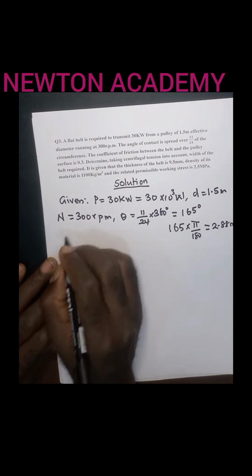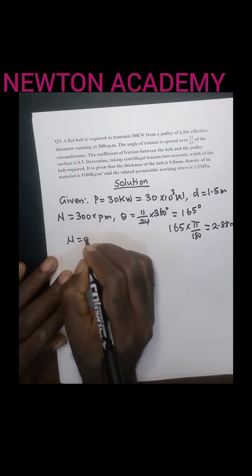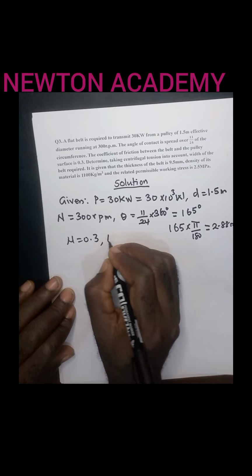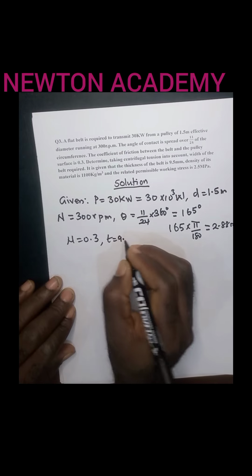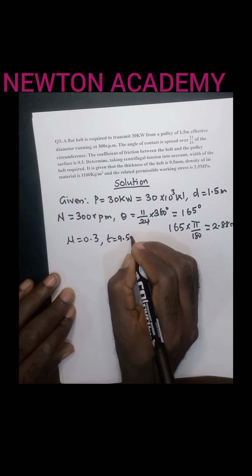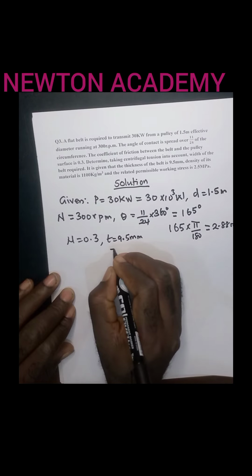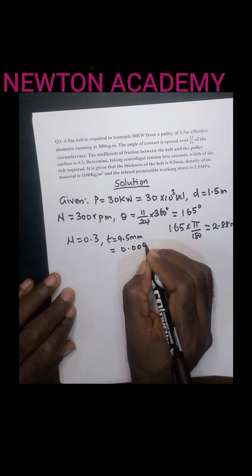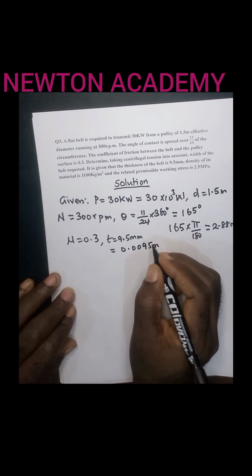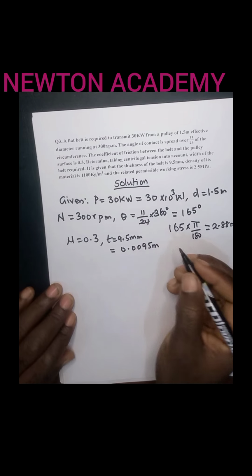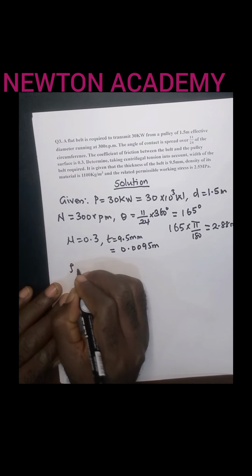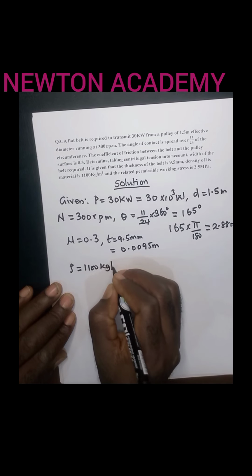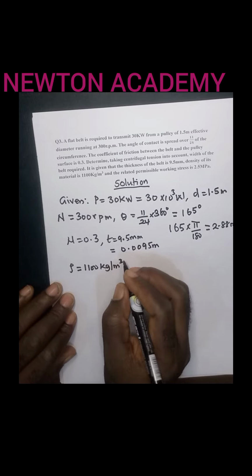Also, we are given the coefficient of friction to be 0.3 and the thickness of the belt to be 9.5 mm, which is equal to 0.0095 meter.